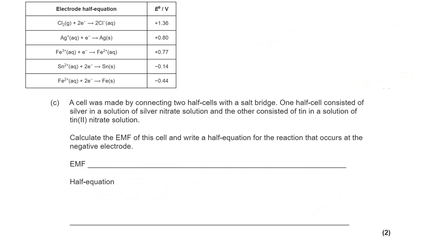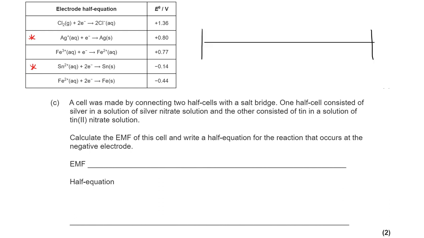We move on to part C. Calculating the EMF of a cell. Now, let's take a look, based on what's written down, which 2 half equations are we interested in? Well, it's going to be the Ag+ to Ag and the Sn2+ to Sn. Both of those are reduction, which can't be the case. So we're going to find out which is oxidised and which is reduced. I'm going to draw my number line.